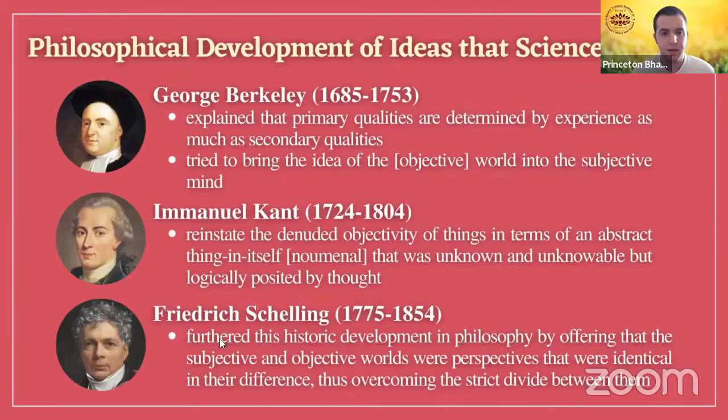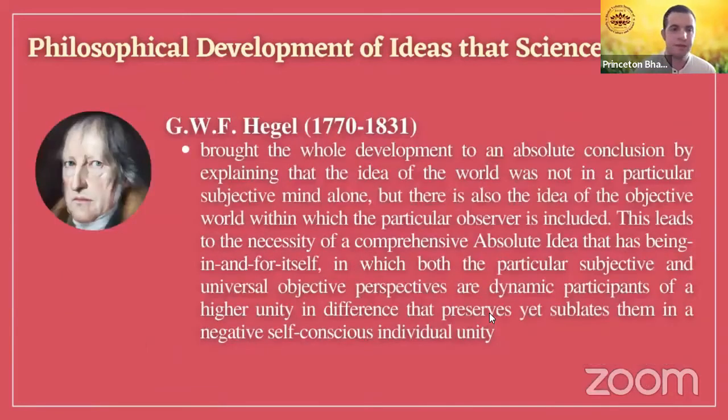Then we have Schelling, who furthered this holistic development in philosophy by offering that the subjective and objective worlds were perspectives that were identical in their difference, thus overcoming the strict divide between them. Finally, we have Hegel, who brought the whole development to an absolute conclusion by explaining that the idea of the world was not in a particular subjective mind alone, but that there was also the idea of the objective world within which the particular observer is included.